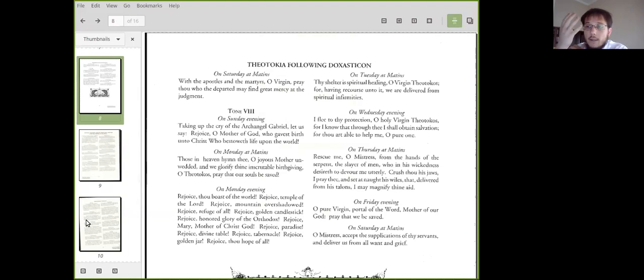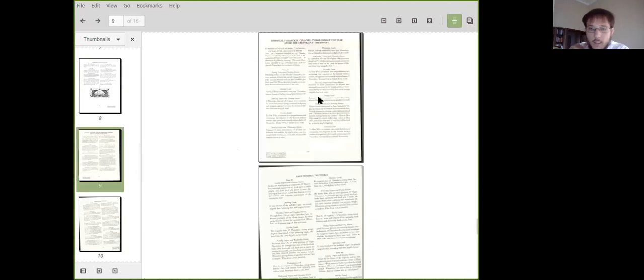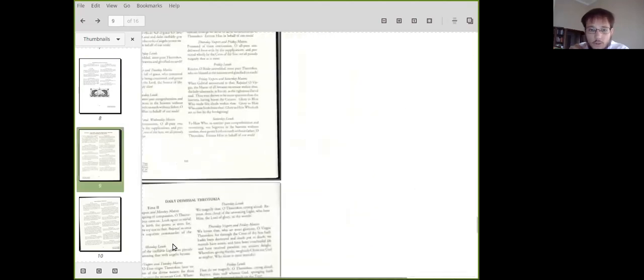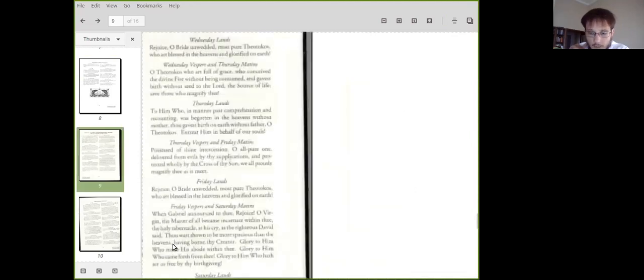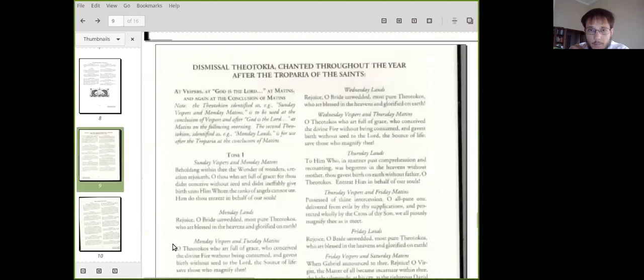And so this Appendix 4 of the Slavonic Minean is just Appendix 3 in the English. So that's really confusing. And so I will always just refer to it as Appendix 4. And you should just keep in mind that what is called Appendix 4 in the Slavonic is Appendix 3 in the English. So here it is labeled Dismissal Theotokia chanted throughout the year after the Troparion of the Saints.